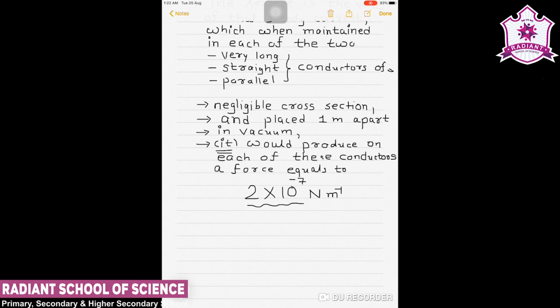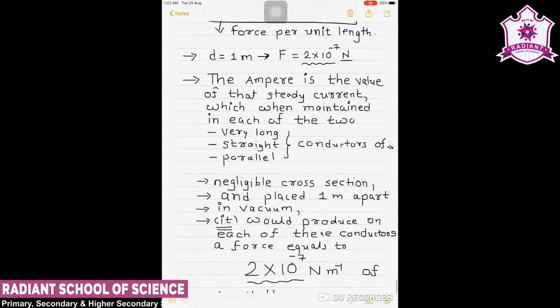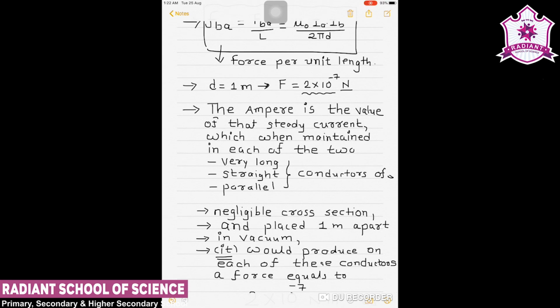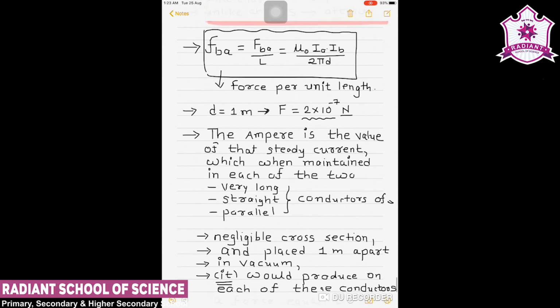So this force would be in terms of newtons per meter of length. It would be called an ampere. So this is the definition of the SI unit of current, that is ampere.